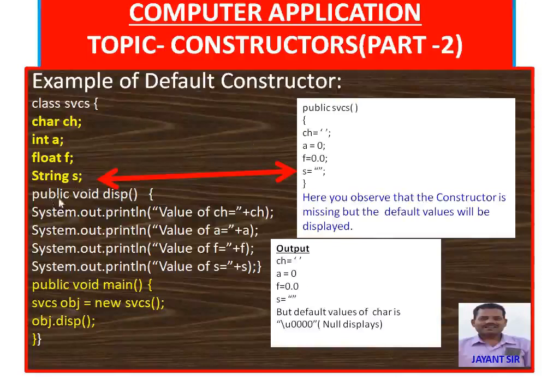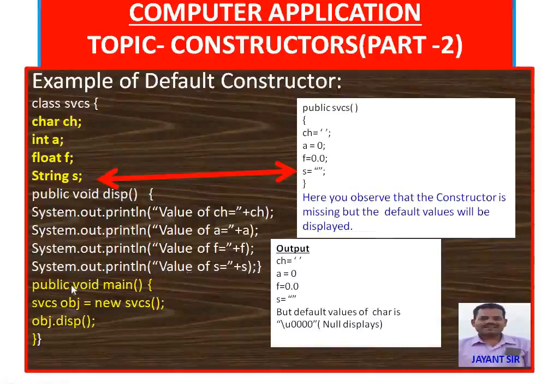Then the display function has System.out.println value of ch equal to plus ch, System.out.println value of a equal to plus a, System.out.println value of f equal to plus f, System.out.println value of s equal to plus s, then the closing curly bracket of the display function.